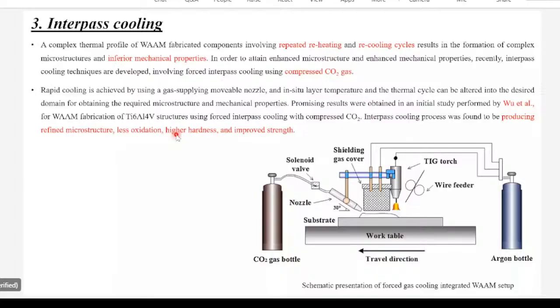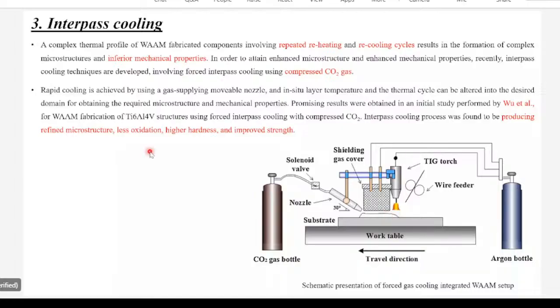In every layer they push this CO2 gas and the layer is cooled, and then the second layer can be deposited, and again in the dwell time we can push CO2 gas and cool the layers.